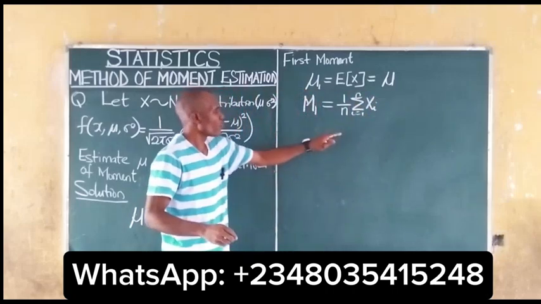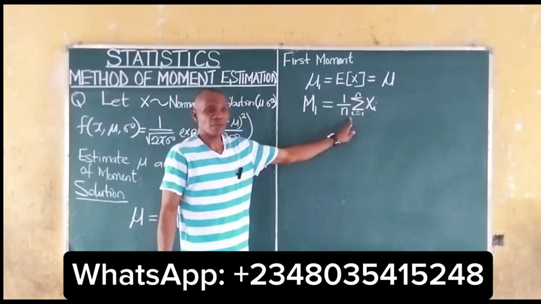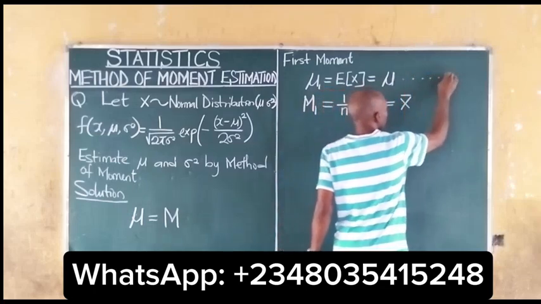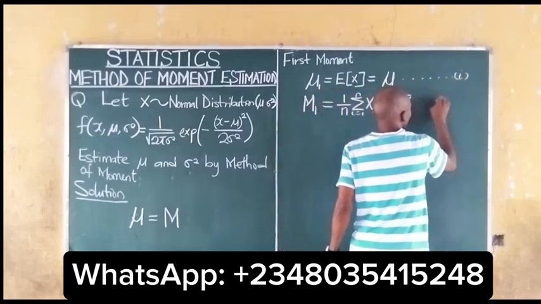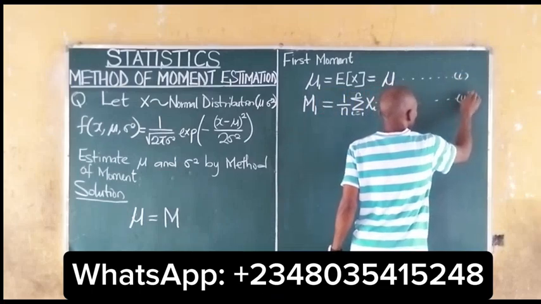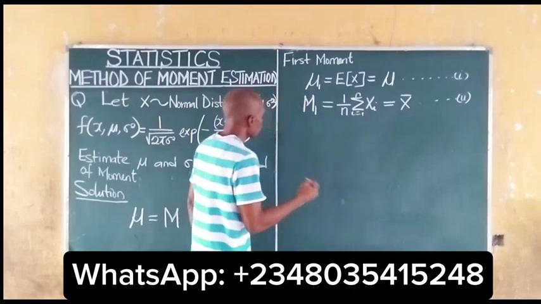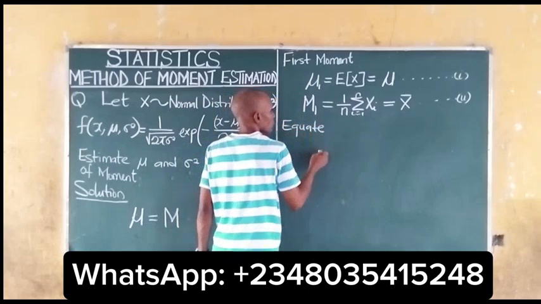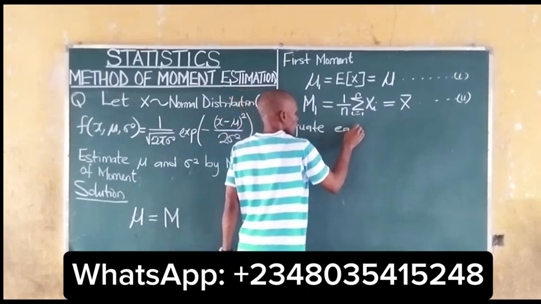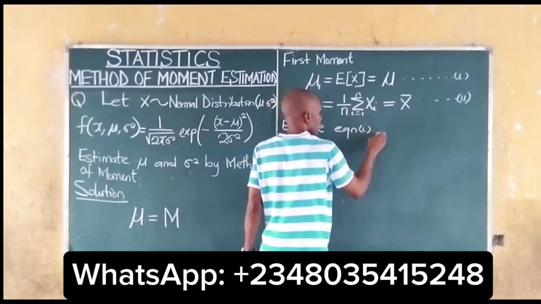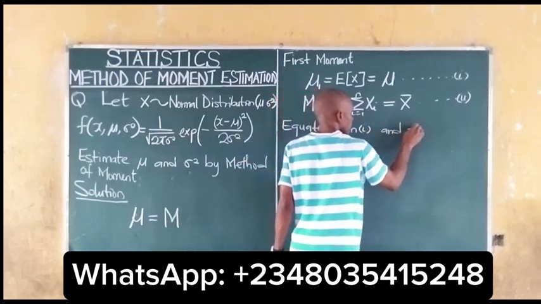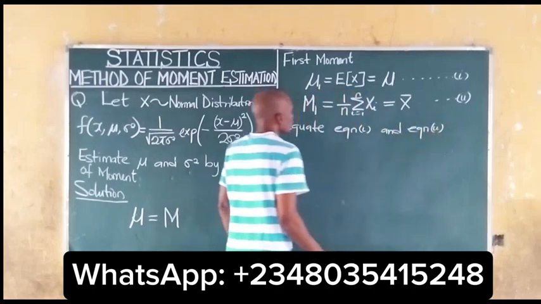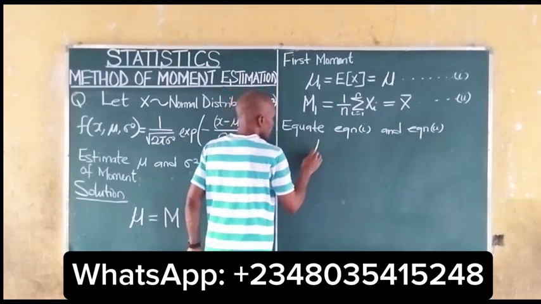Of course, we know that this is our x bar. If this is our equation 1 and this is our equation 2, the solution is just to equate equation I and equation II.